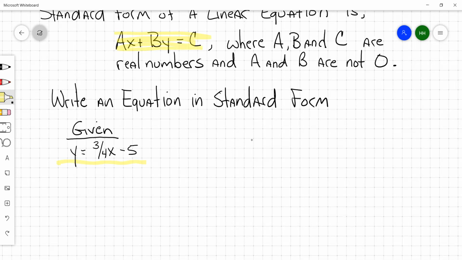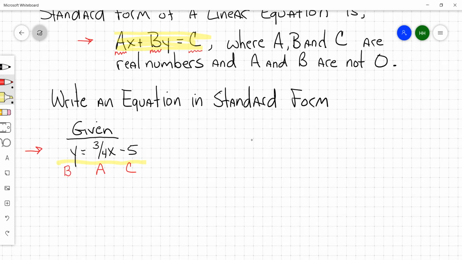By look like this, I mean, I can do it right here. What's in front of your y is your b in this example. What's in front of your x is your a. And the constant is your c. So we have to take this equation and make it look like this one.